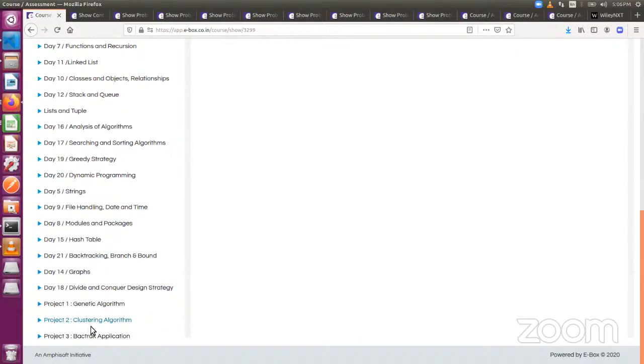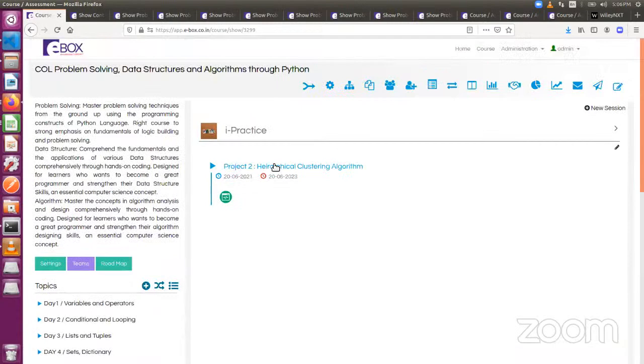First, we're going to see the clustering algorithm. The clustering algorithm we have taken is the hierarchical clustering algorithm. Before going into that, we should understand what is meant by clustering. Any idea, anyone? What is clustering?